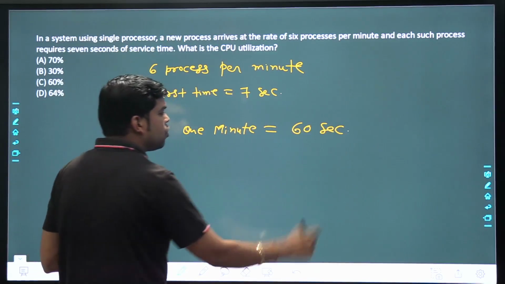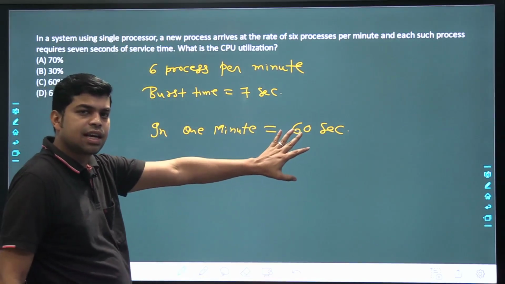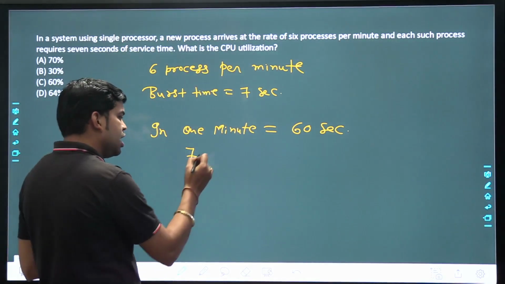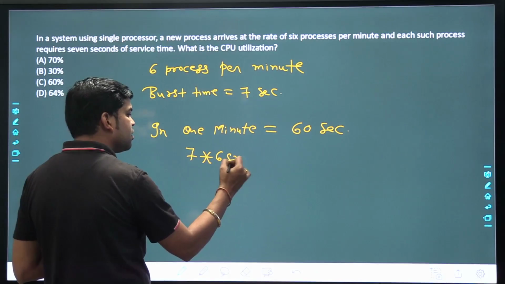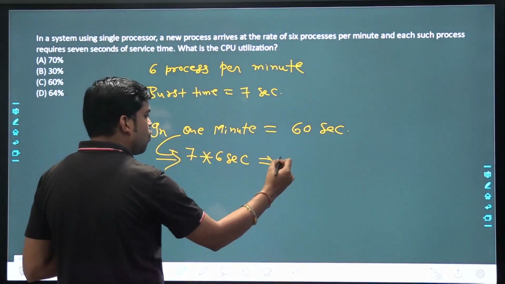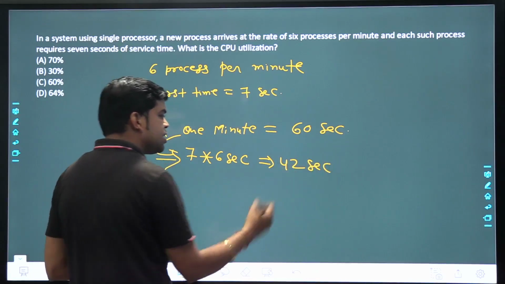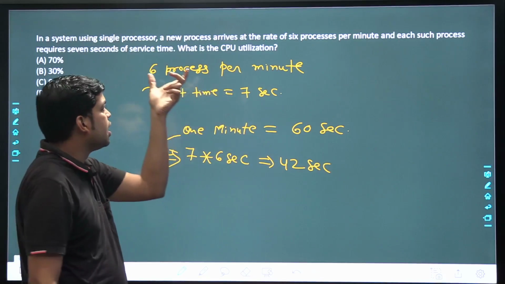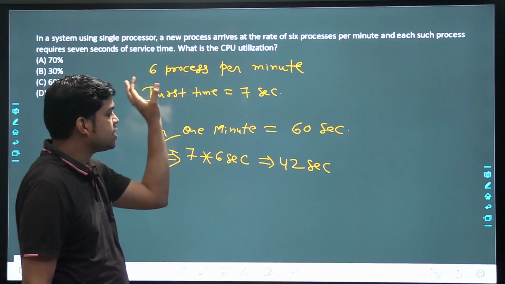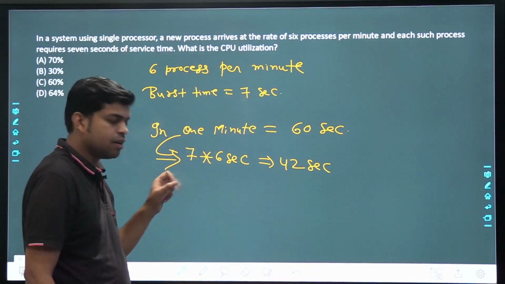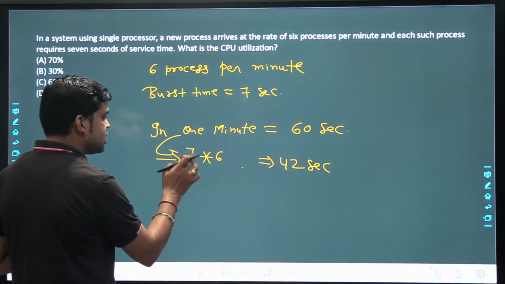So 6 processes arrive per minute and each process requires 7 seconds. Got it? It is just reversed, the result will be the same.